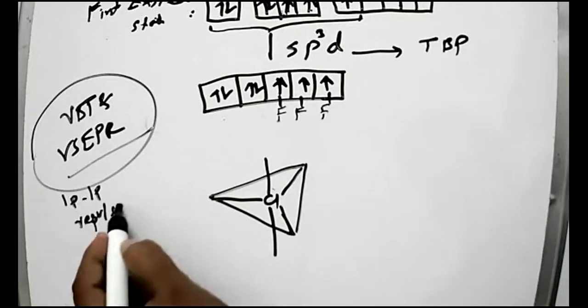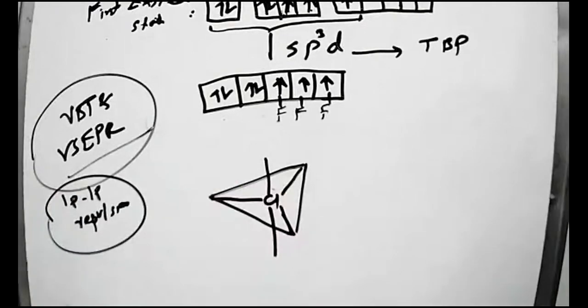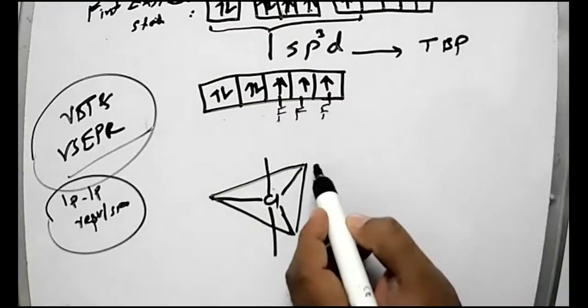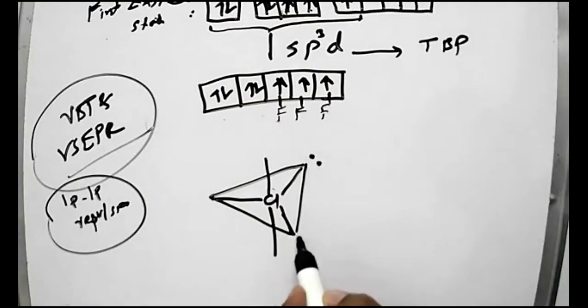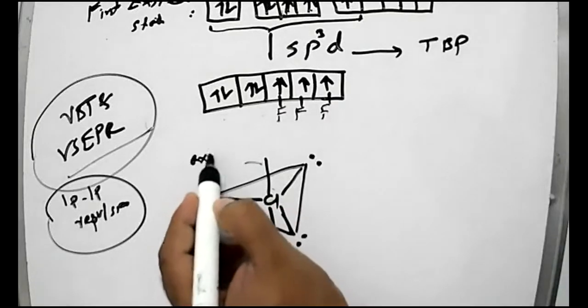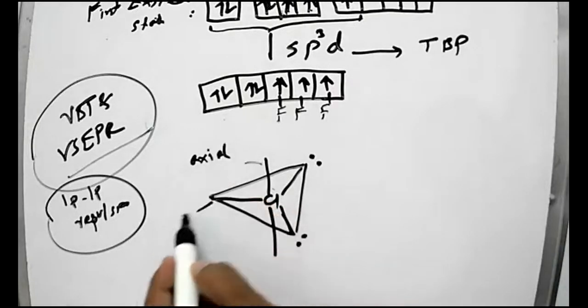So this should be under consideration, that the lone pairs should be far away from each other. If you see the theories, we will find that the lone pairs occupy the equatorial sites. These two vertical bonds are called axial bonds, and these are called equatorial bonds.